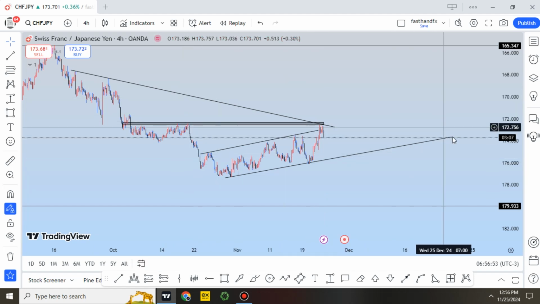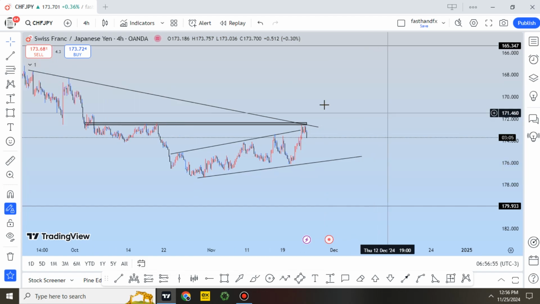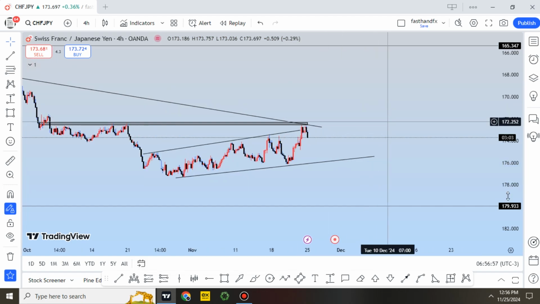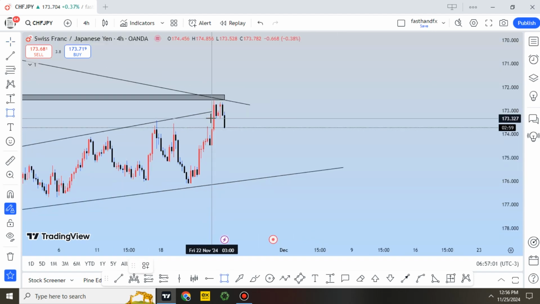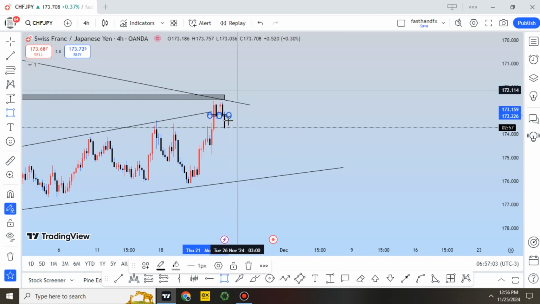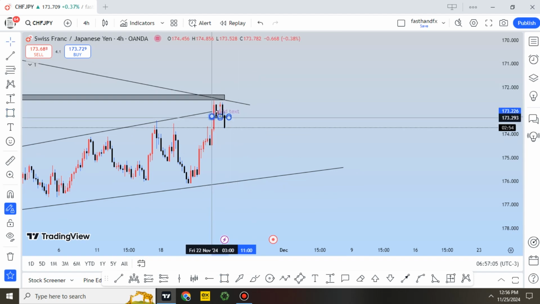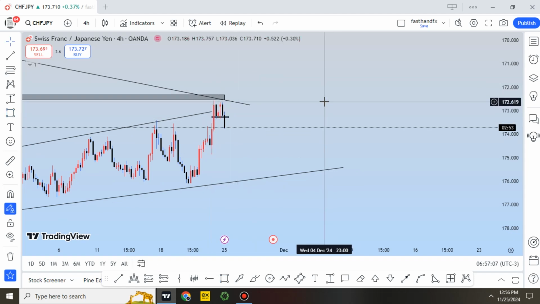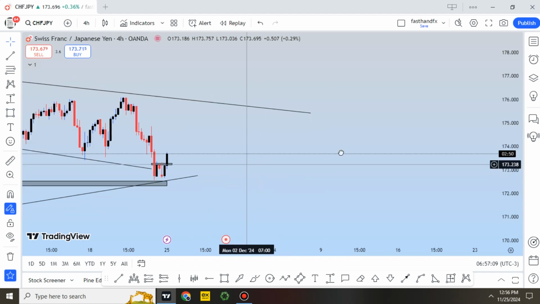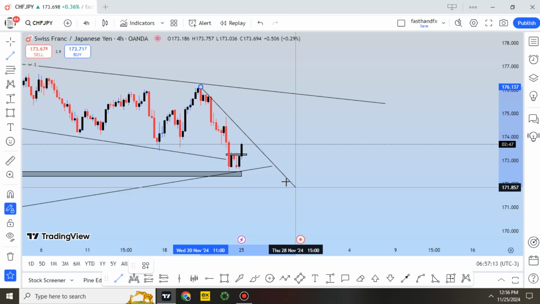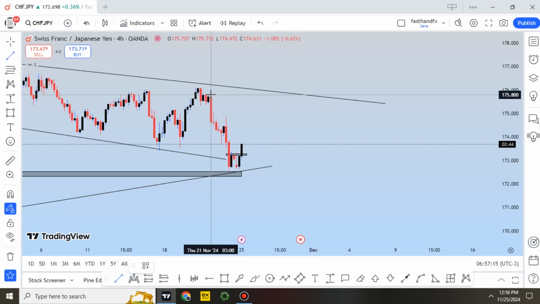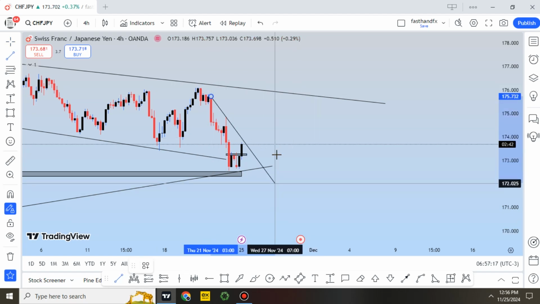So yeah, I see. Oh yeah, 4 hour is breaking, which is amazing, right? So 4 hours breaking out of that double bottom. Remember, the screen is flipped, double bottom. Of course, we had a trend. We won't forget about the trend right there.